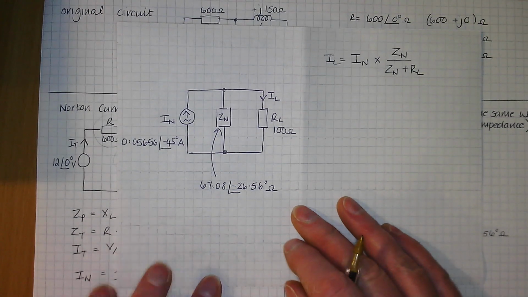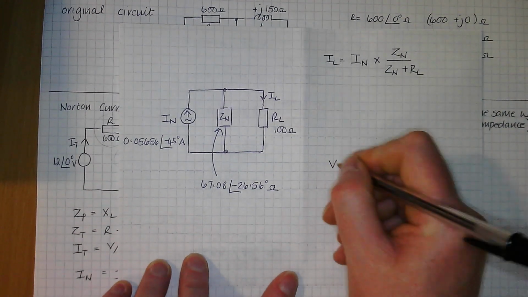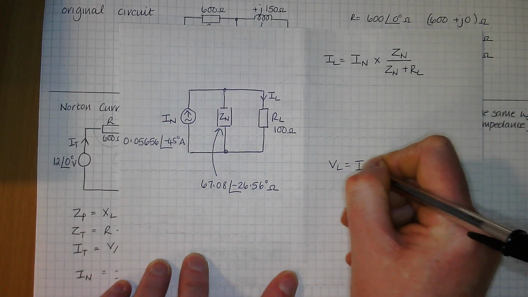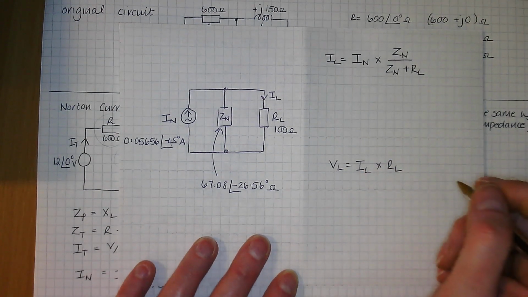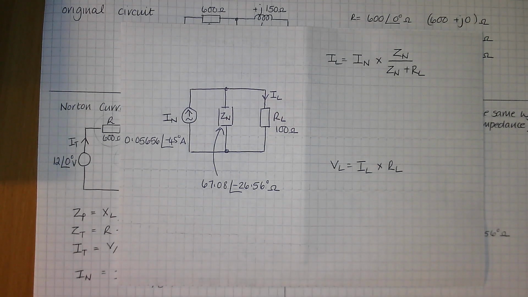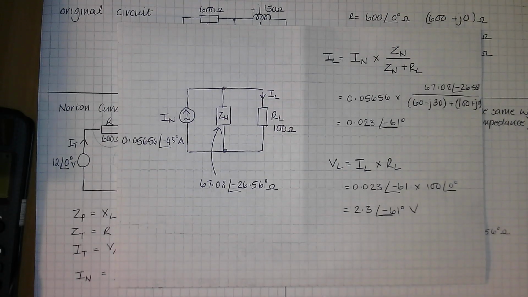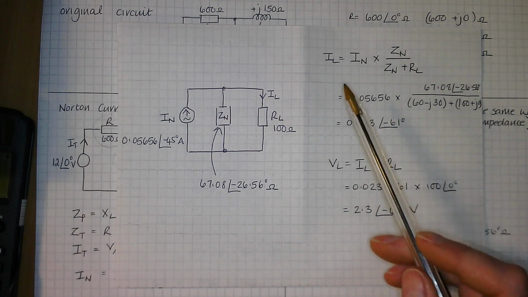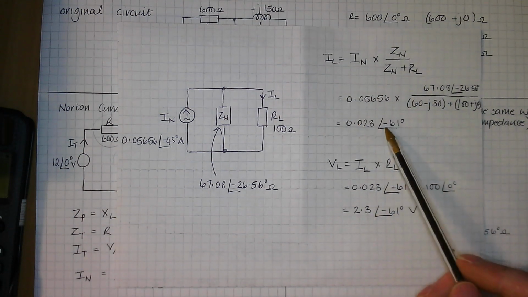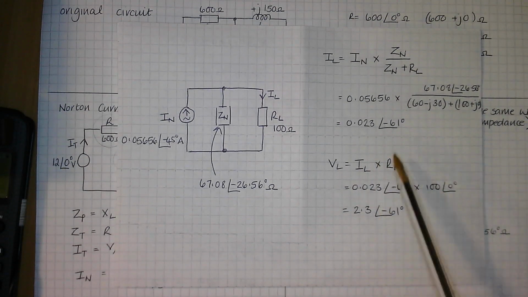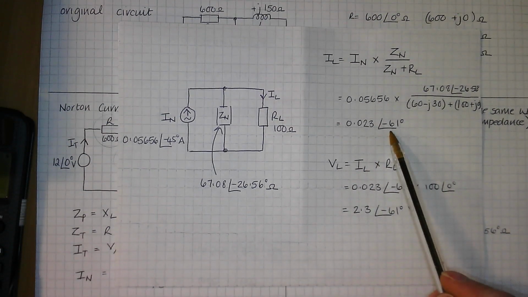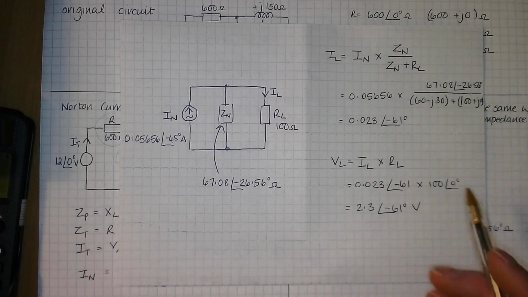And then once you've got your value for that, to get your VL you do IL times RL. And it could be ZL obviously, wouldn't make any difference. So that's your working for how you get the current through the load, so hopefully you've got something similar to that. What's the angle? Minus 61. Your rounding might be a wee bit different. I'll do it 60.9 anyway.